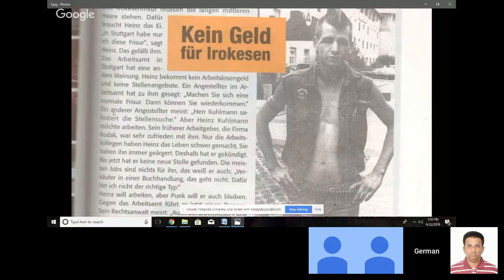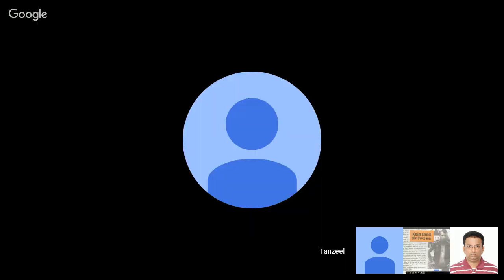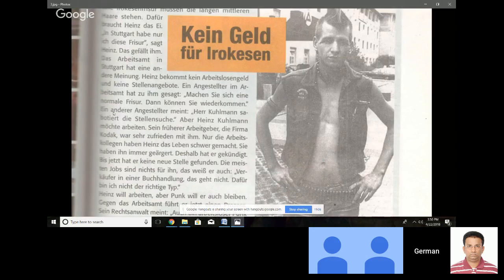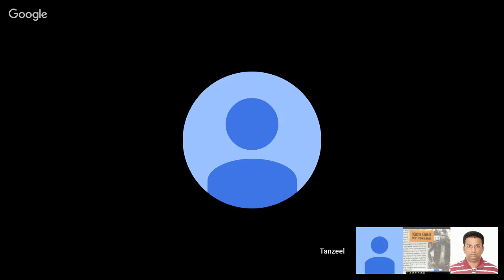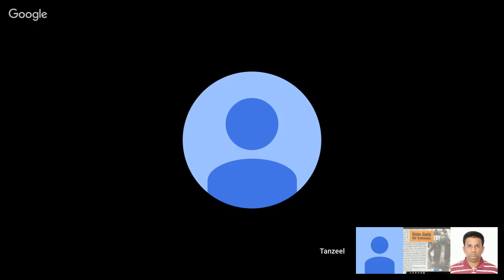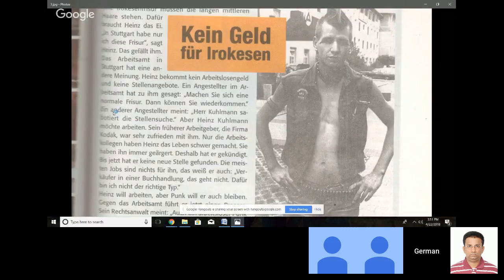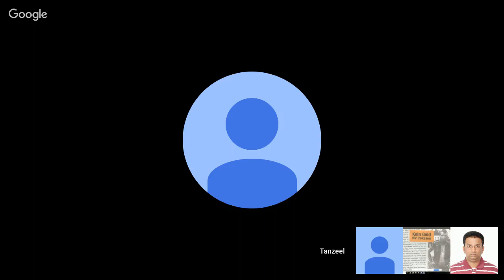Heinz said that in Stuttgart we have only this barber. Only he has this hairstyle. Das gefällt ihm. He likes it.